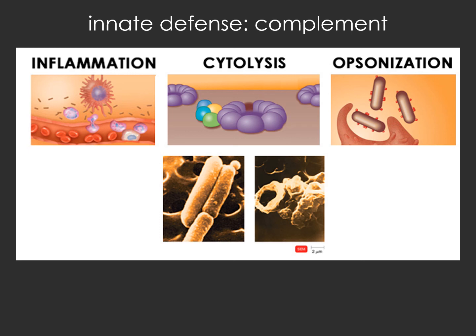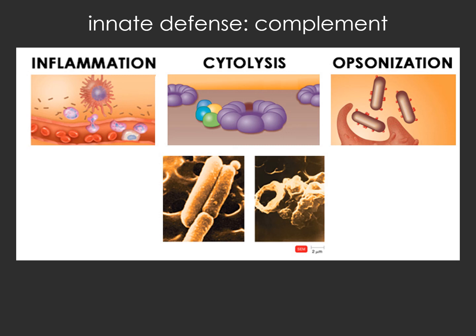Well, what it can recognize is complement proteins bound to the surface of the cell. So those little red dots that you see on the surface of each of those 3 bacterial cells, those are complement proteins. And the white blood cell will actually bind to the complement protein and then engulf the bacterium and phagocytize it.